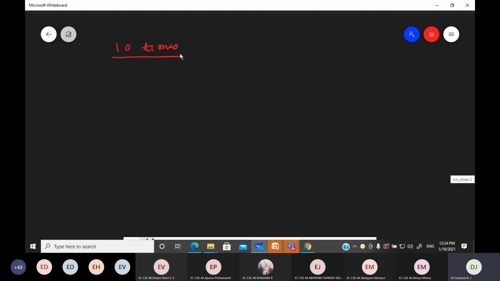So the time analysis allows us to find such answers as well. So assume that the count of the number of times an algorithm executes is given by the equation half into n into (n minus 1).